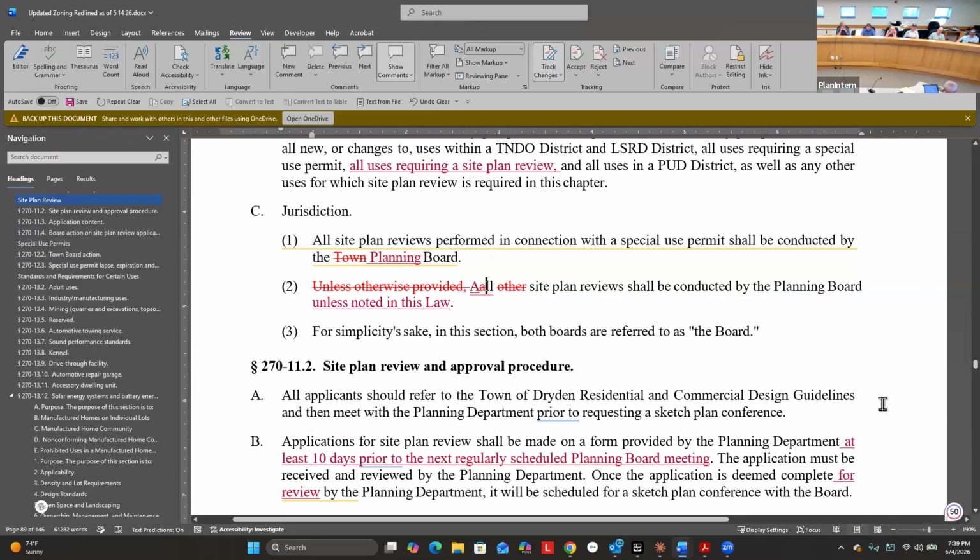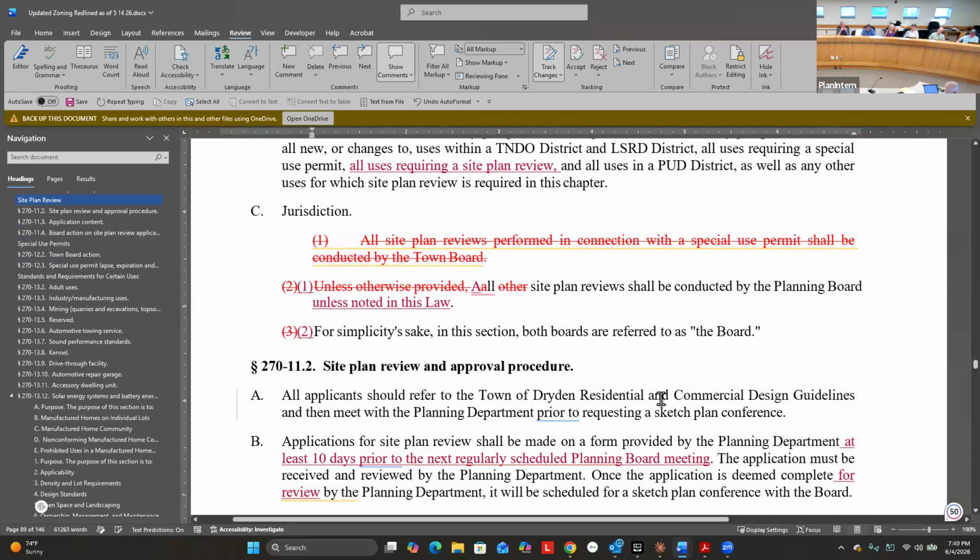So really line 1 comes out, and line 2 becomes line 1, site plan and special use permit review. That was my point. In this section, both boards are referred to, and there are so many directives within that. Unless otherwise noted in the law, site plan reviews are done by the planning board.